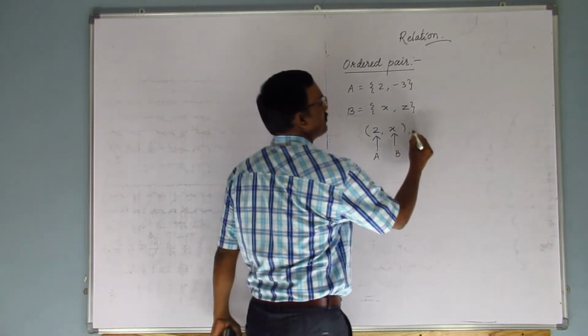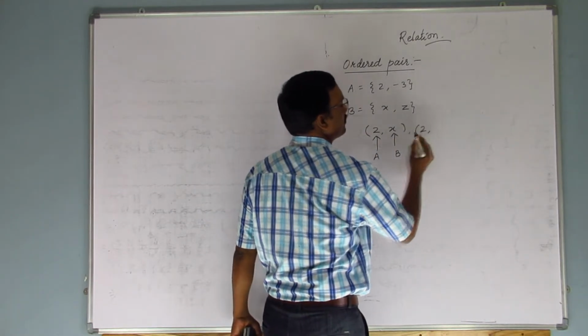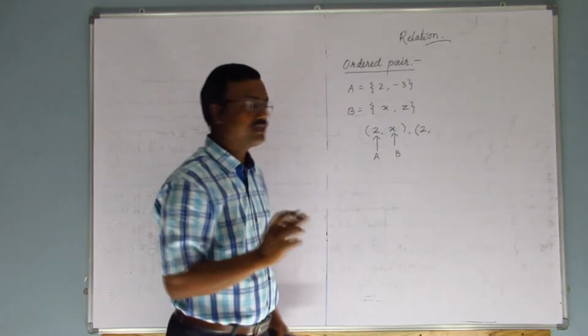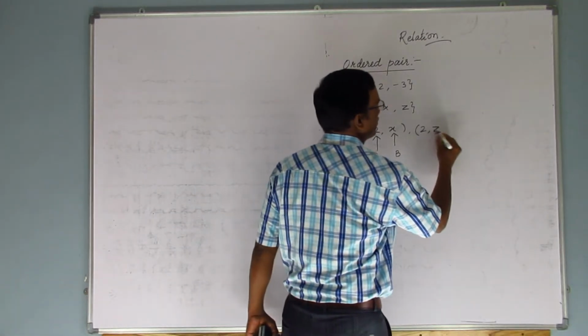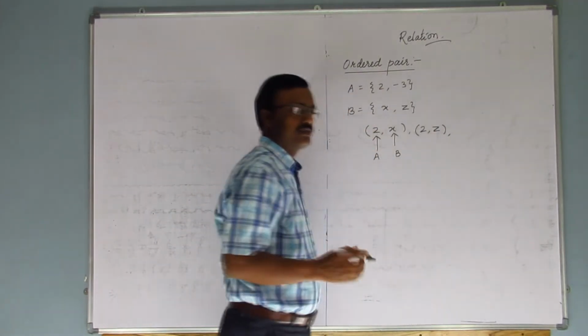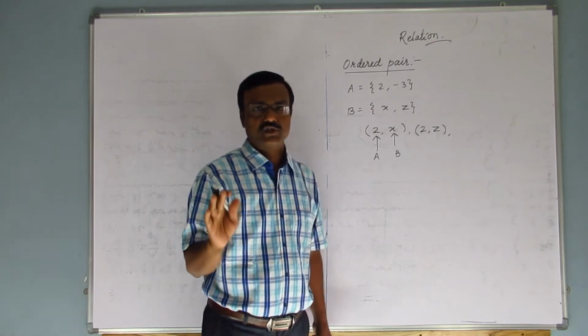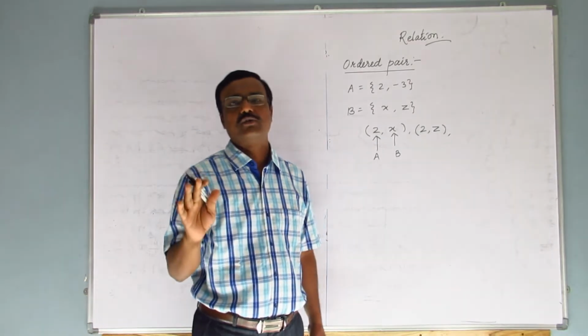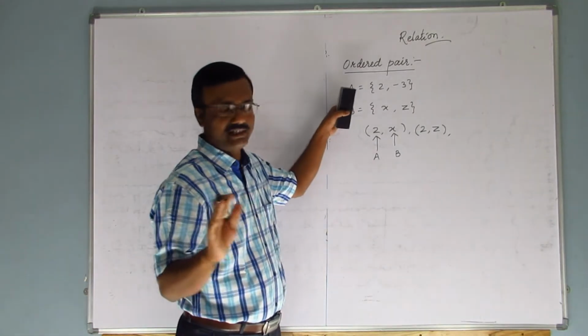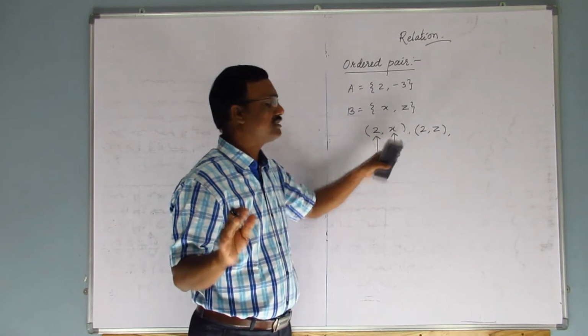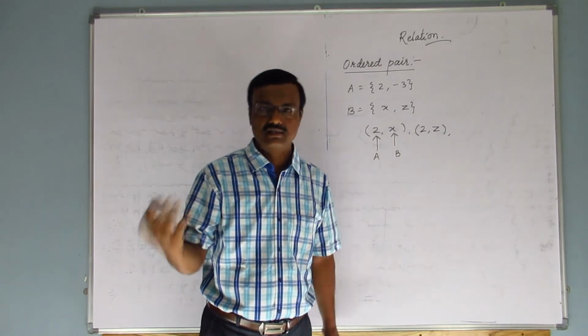I can write some more options. 2, yes, 2 is chosen from A. Then I can take z. z is chosen from B. So the restriction is that the first place is reserved for first set elements and the second place is reserved for second set elements.